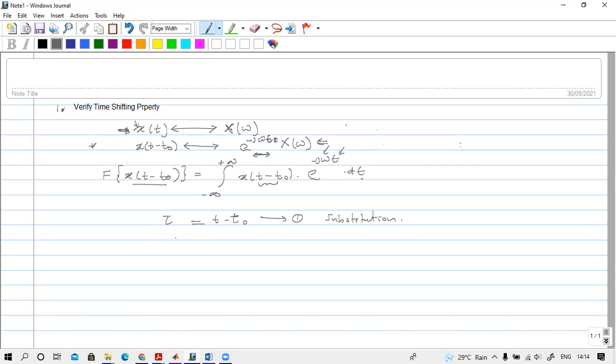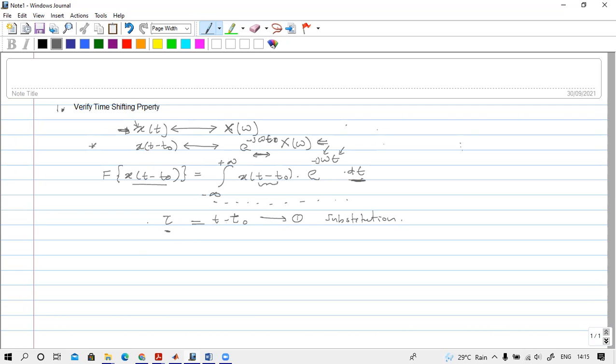Now I am going to convert these terms into tau terms, that is, I am going to remove the t terms here. First I have to remove this dt part.